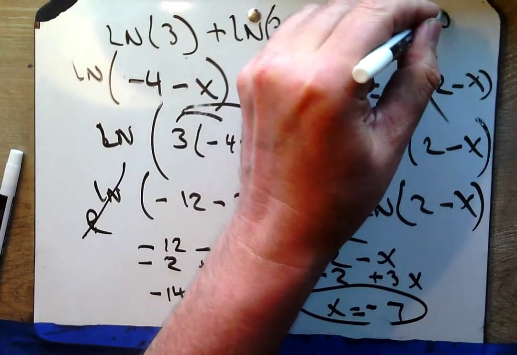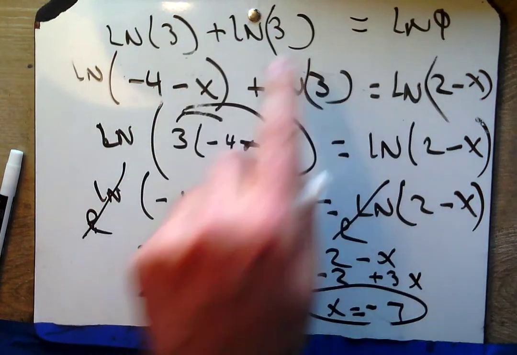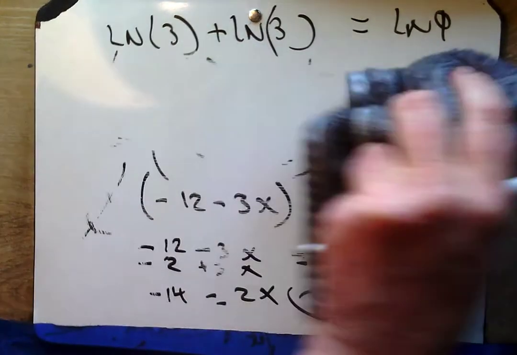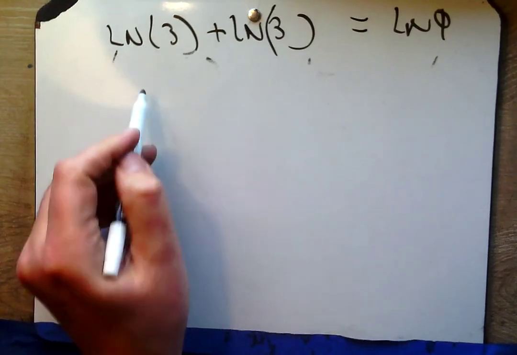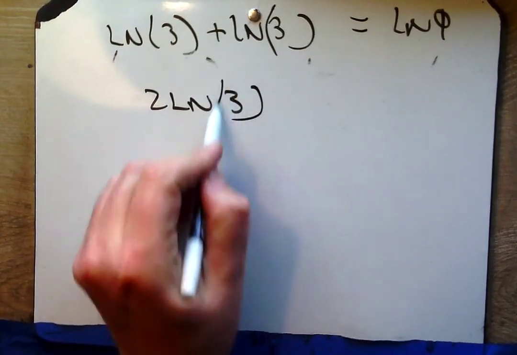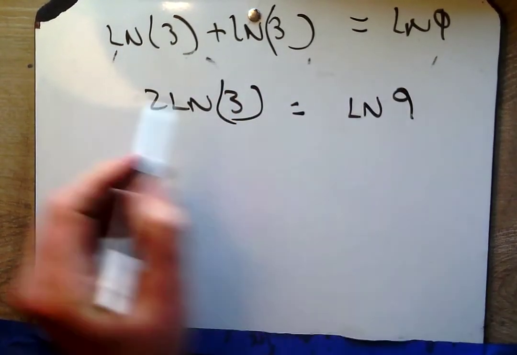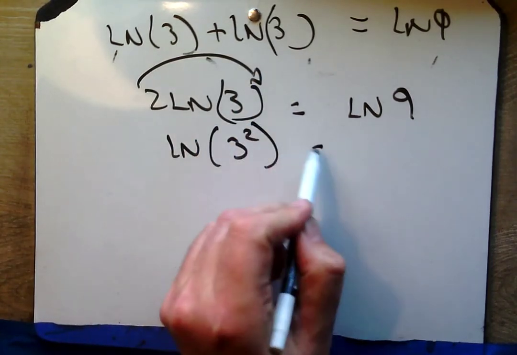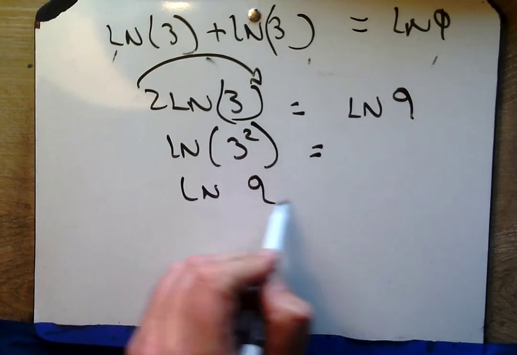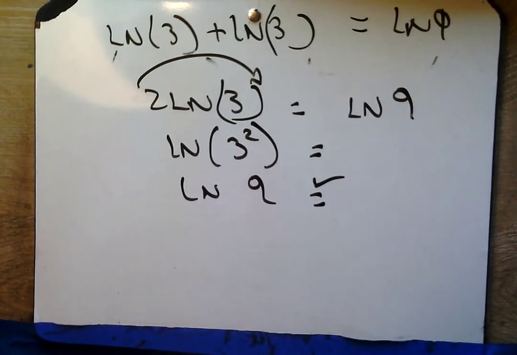So that's going to be ln of 9. Are these things equal? Well, let's see. One of them plus one of them makes 2 of them. And power rule, which is, yep, same. It's all good.